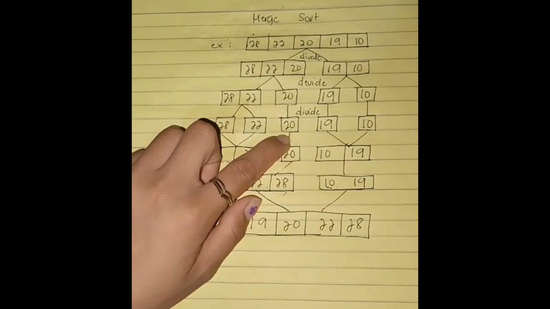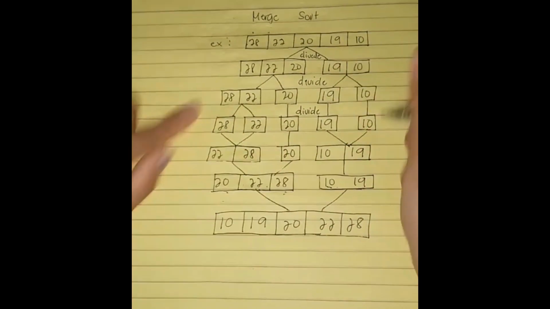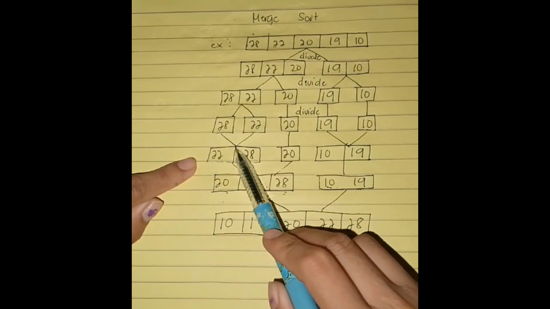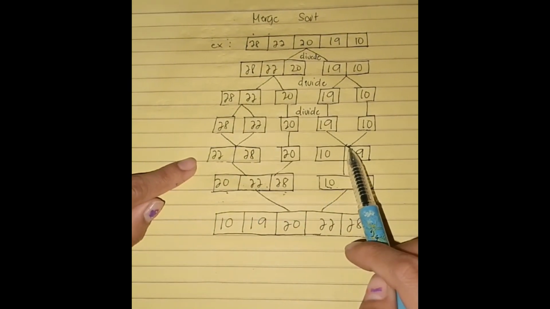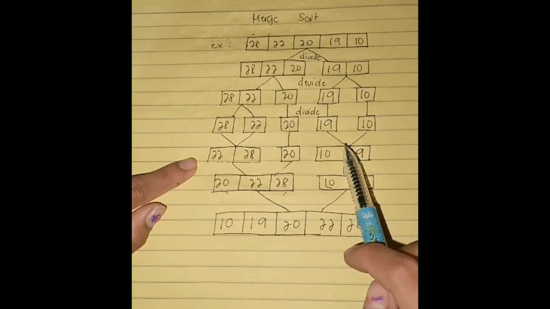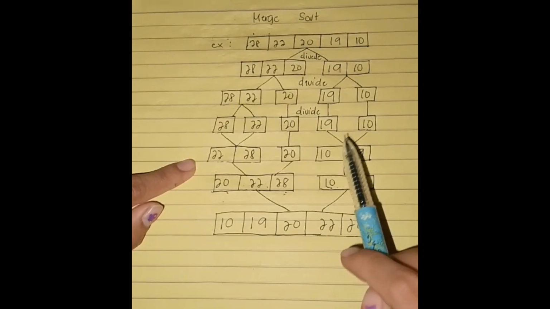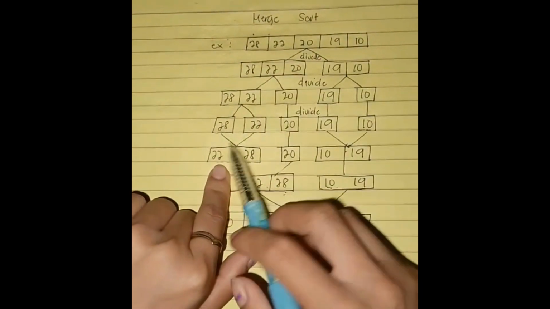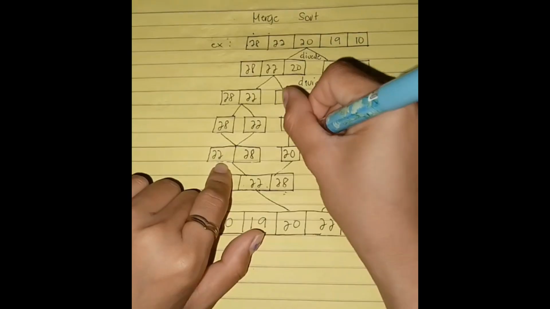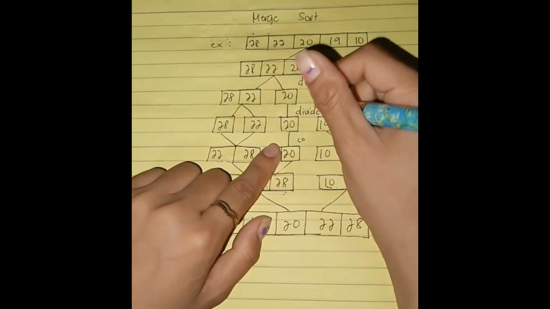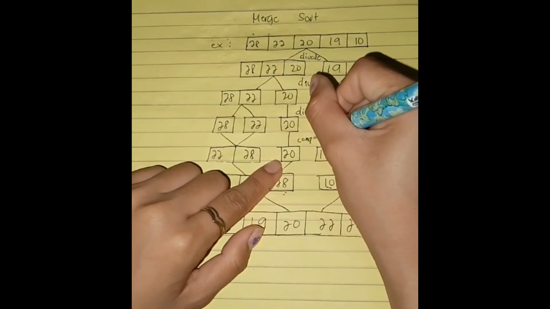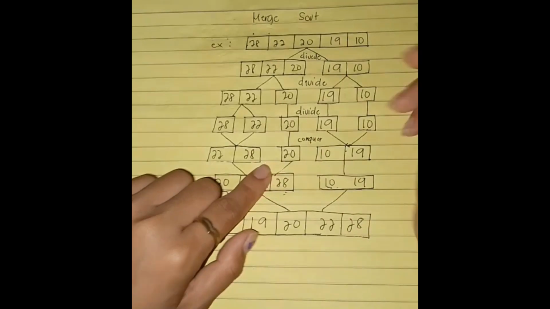Lagyan na natin ng conquer. Dahil dito, gin-conquer natin siya. Then, gin-conquer natin sa kabila. Kaya, balance sila, kasi conquer sa lahat. Kaya, dito na side ay tinatawag natin na conquer.